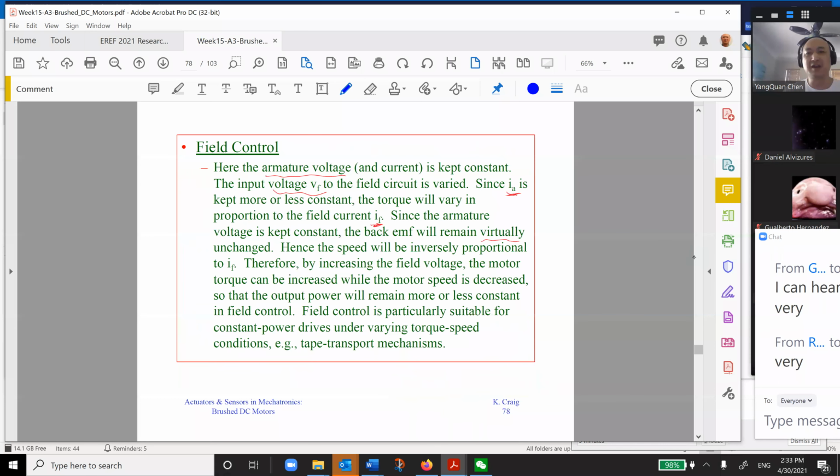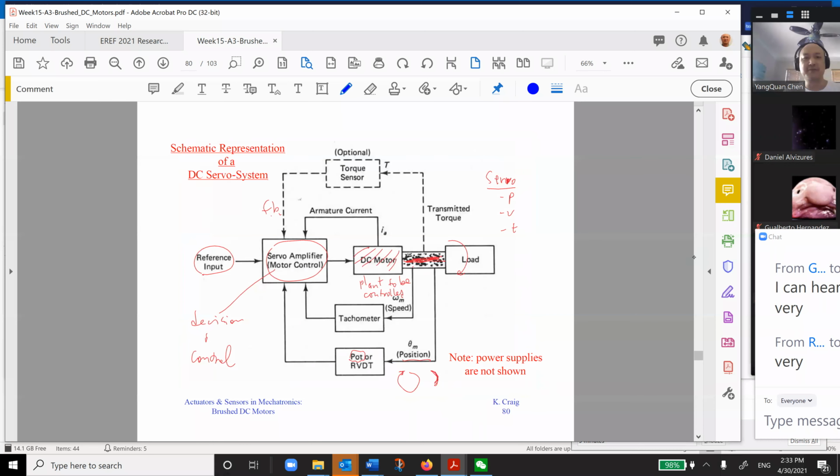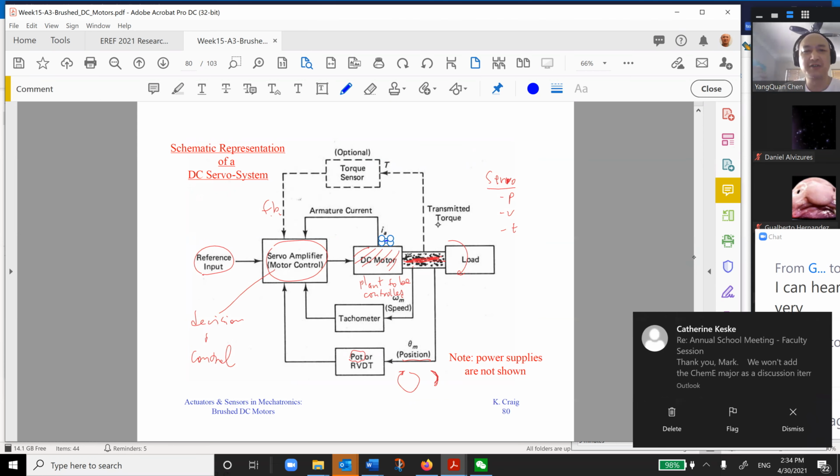So we're going to see this picture. You have a DC motor system. This is the armature current. This is the servo amplifier. This is your reference input. Sometimes you also do a torque transmitted control.